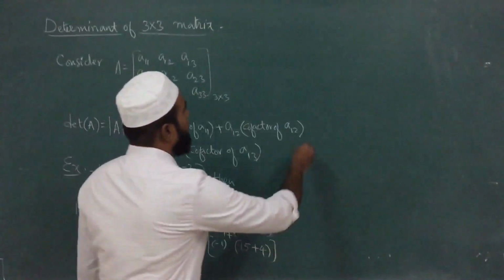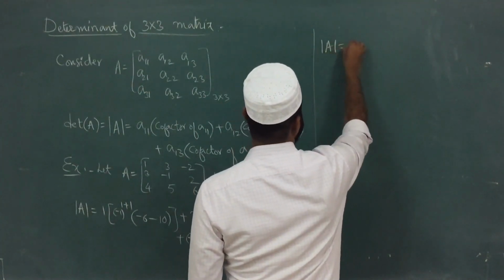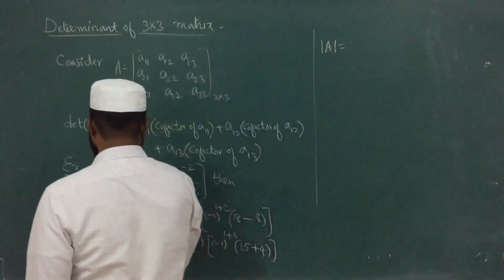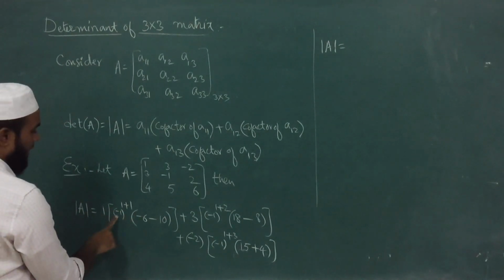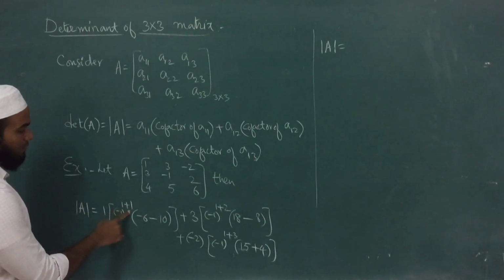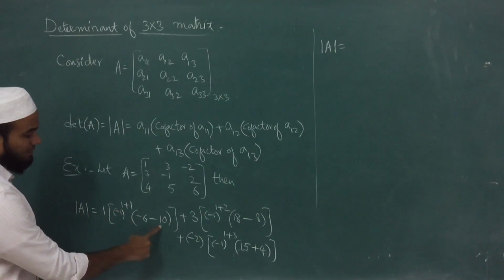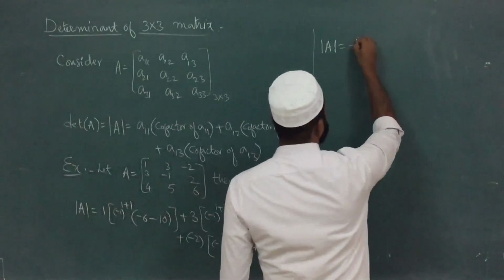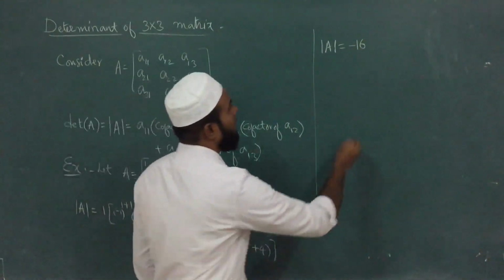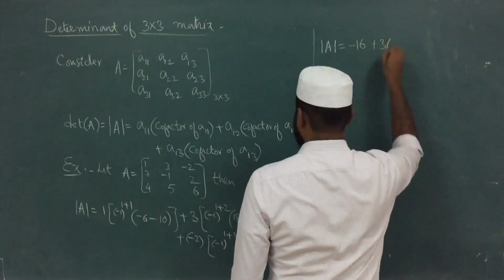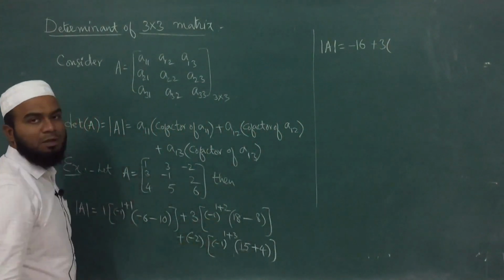How to simplify? This is therefore determinant of A equal to, what we will get here? 1 into minus 1 power 1 plus 1. 1 we don't need to write; minus 1 power 1 plus 1 is nothing but minus 1 power 2, which is even power, so it will become positive. Remaining is minus 6 minus 10 is minus 16. Here plus 3 into this minus 1 power 2 plus 1, odd power, we will get minus 1 power 3.